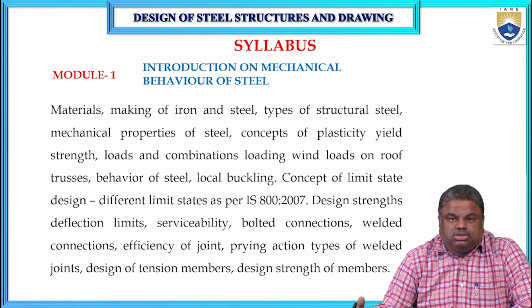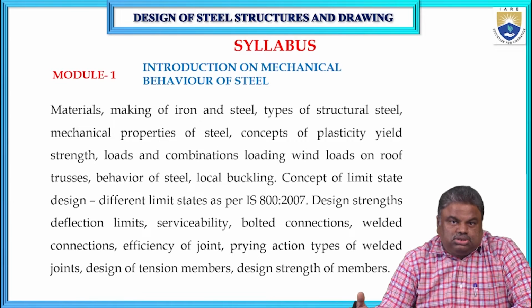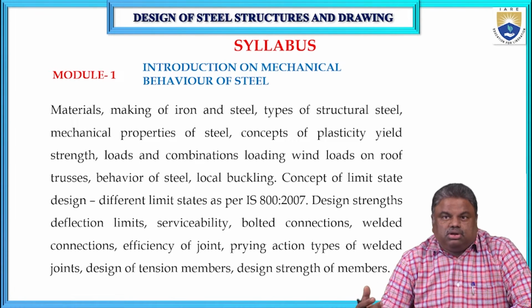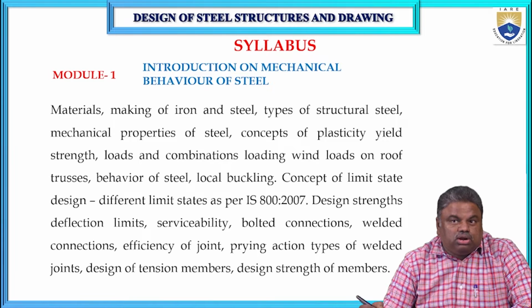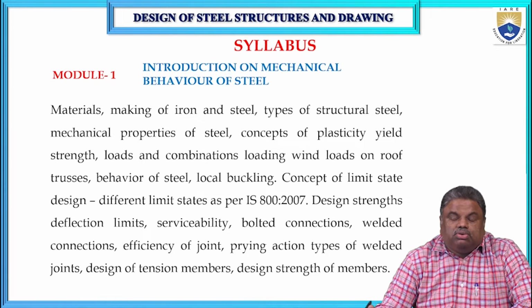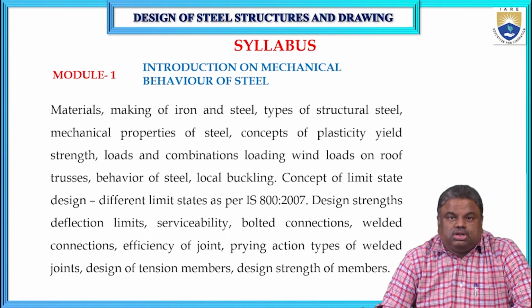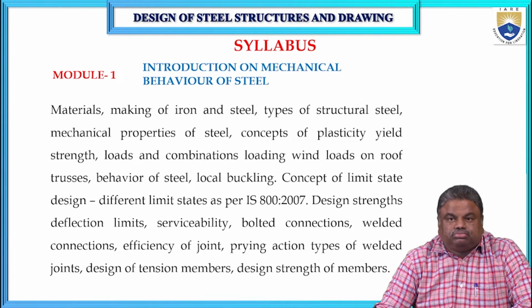And what are the different loads and their combinations. We have so many loads, and how to take the combinations. We cannot consider all the loads at a time, and what are the different combinations we need to consider for design purposes. And wind loads and roofs, how to calculate the wind loads and roofs, and what is the behavior of the steel if it is subjected to the loads, what is the local buckling. Buckling is very, very important in case of steel structures.